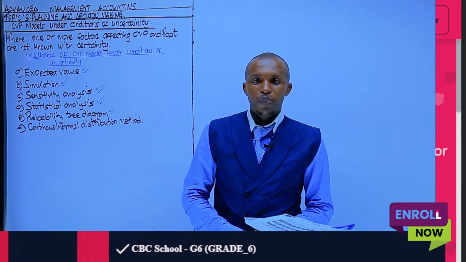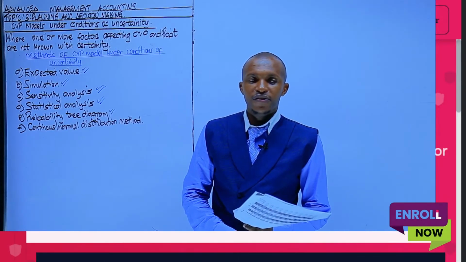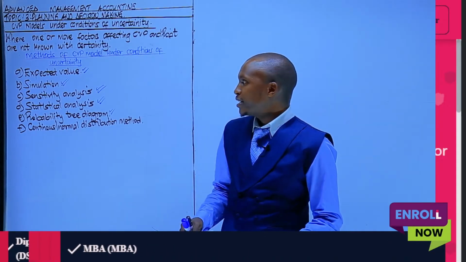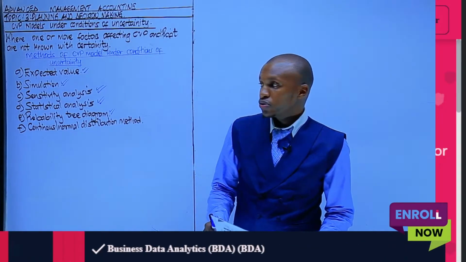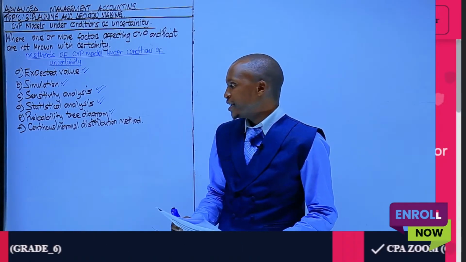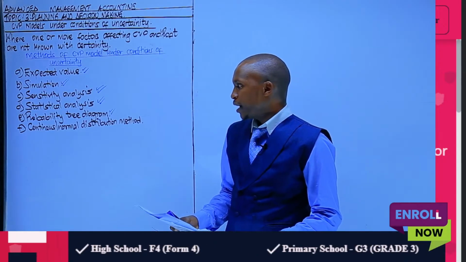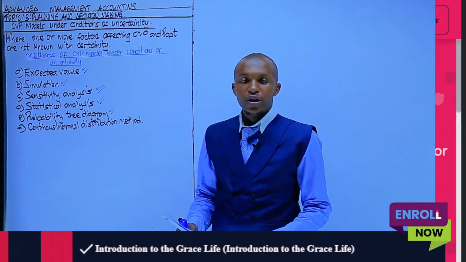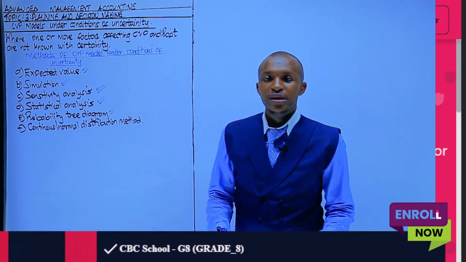So far, we've covered 5 methods of CVP under conditions of uncertainty. We have covered the expected value approach, simulation approach, decision tree, sensitivity analysis. We've also been able to cover the statistical analysis method. So today, we will cover the continuous or normal distribution method.